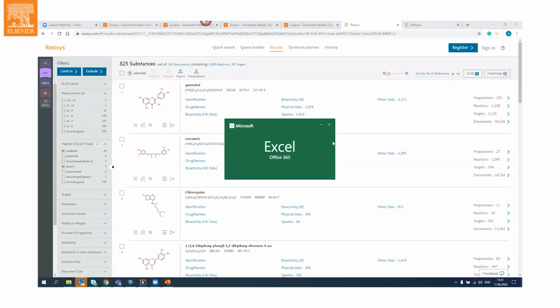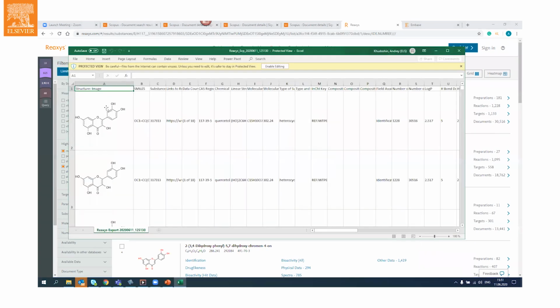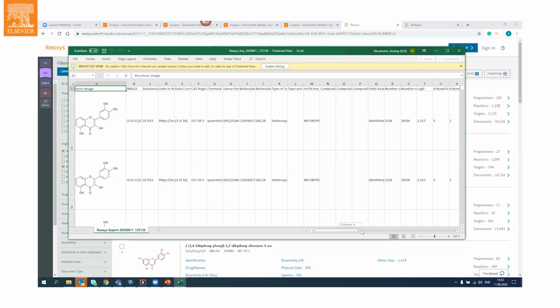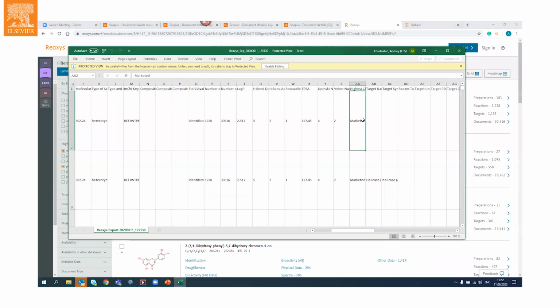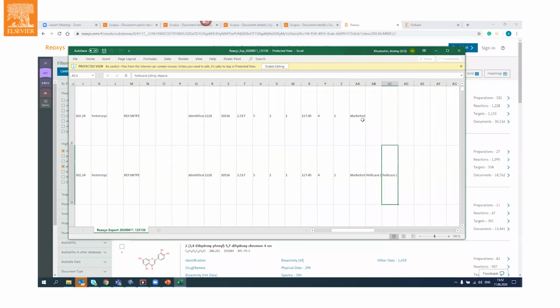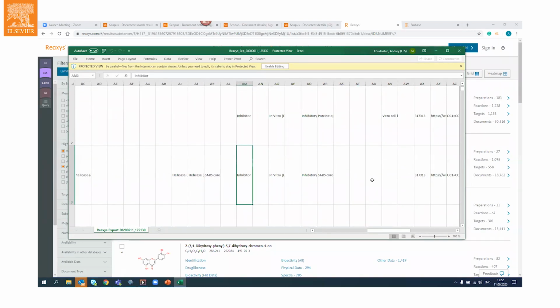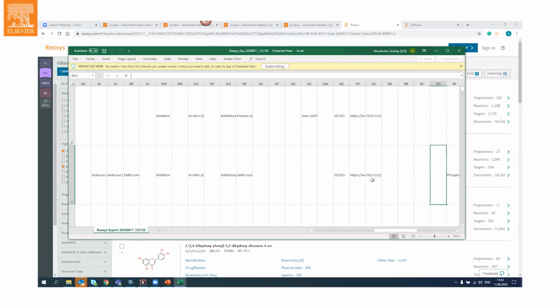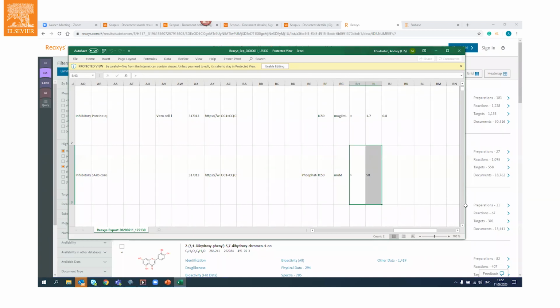Often people ask how it looks, and in export it looks as follows. So this is the structure. This is information about the molecule, the stage. Here you see the name of the target, helicase. Here you see substance actions on the target, the parameter which was measured, IC50, the units of the parameter, and the value, more than 50.